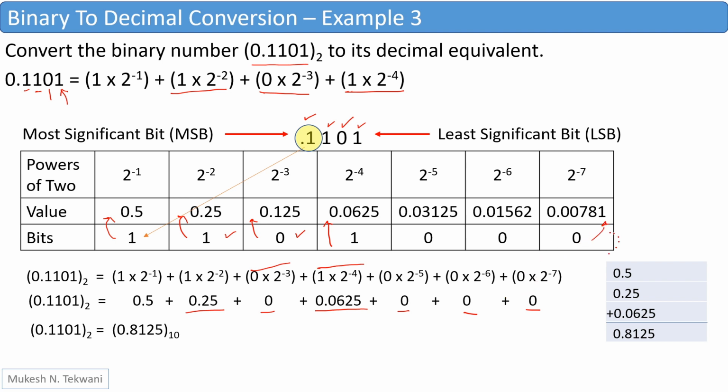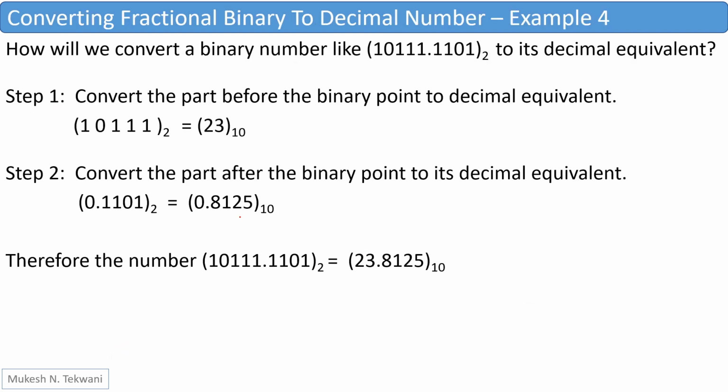When we add this we get 0.5 plus 0.25 plus 0.0625, that gives us 0.8125. Therefore the given binary number can be written as 0.8125 of the decimal system.